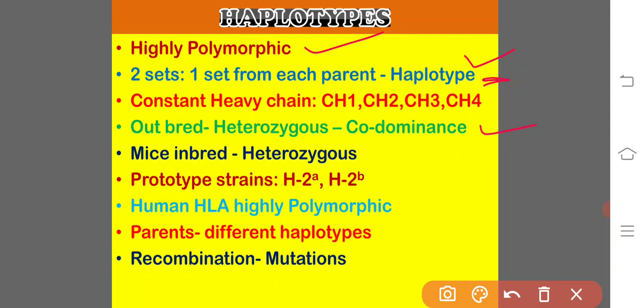And if mice are inbred, they have identical alleles at all loci. Each H2 locus will be homozygous because the maternal and paternal haplotypes are identical, and all offspring therefore express identical haplotypes.